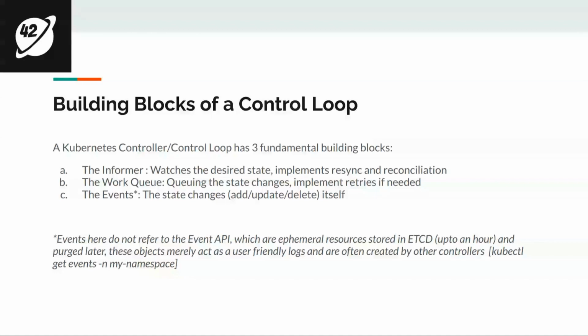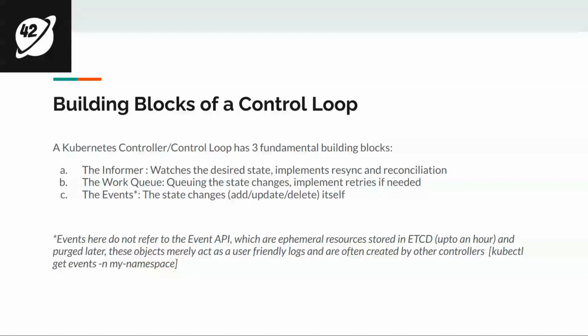But fundamentally, regardless of what SDK or framework you choose, there are going to be three fundamental components of any controller, which are the informer, the work queue, and the events.